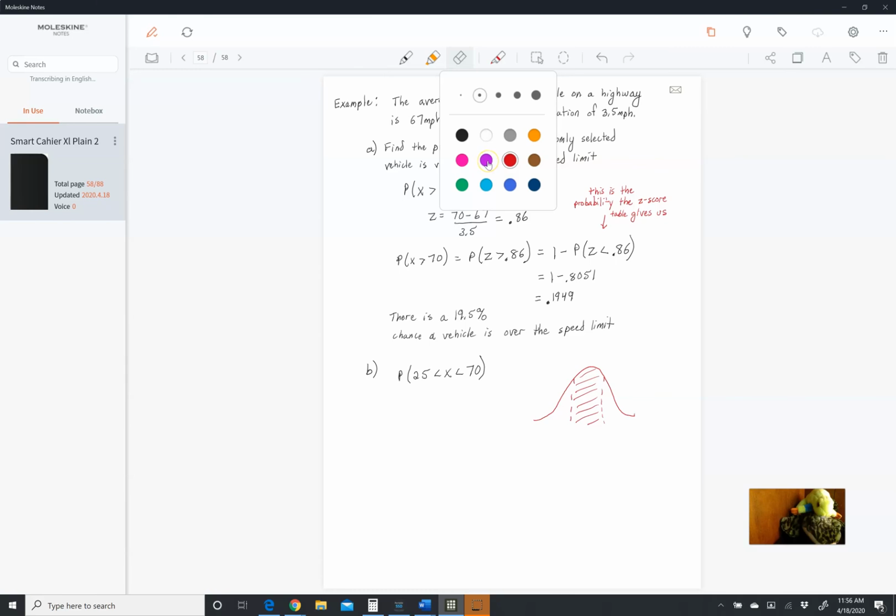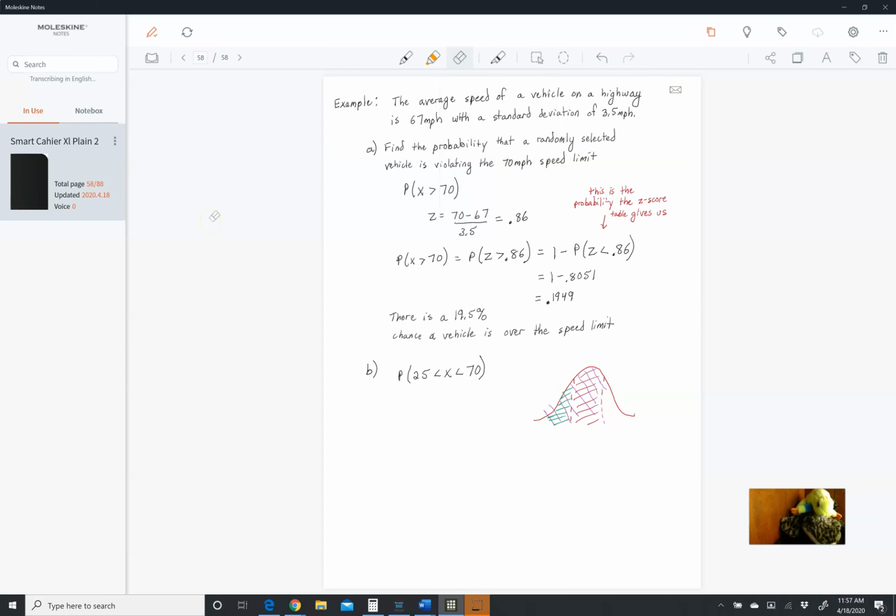We could use the z-score table to give us this area here, and we could also use it to tell us this area right here. So if we take the purple and subtract the green, what are we left with? We're left with the area in the middle.